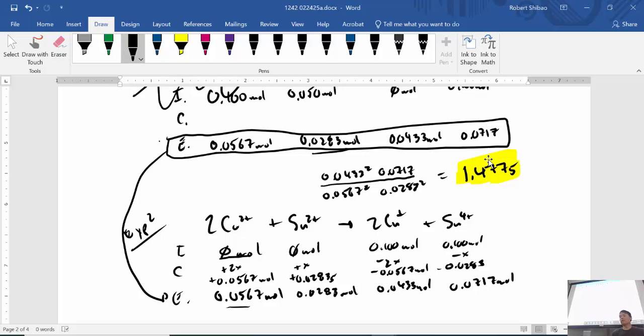So how do we know if we go forward or backward? Because in the first case, it was minus 2x, minus x, plus 2x, plus x. Why don't we use the same thing here? Well, the reason we don't use the same thing here is because we're starting off with 0. If you have nothing, do you have anything to lose? You have nothing to lose. We cannot go reverse. The only way we can go from 0 is up.